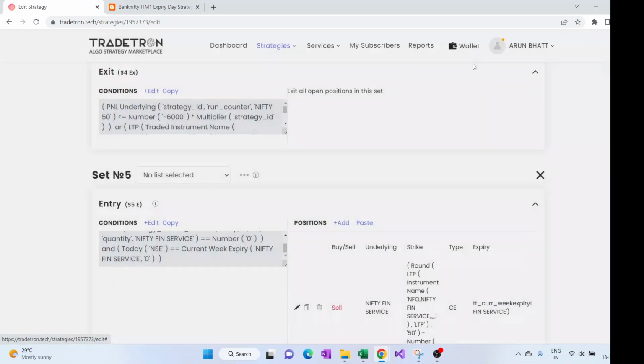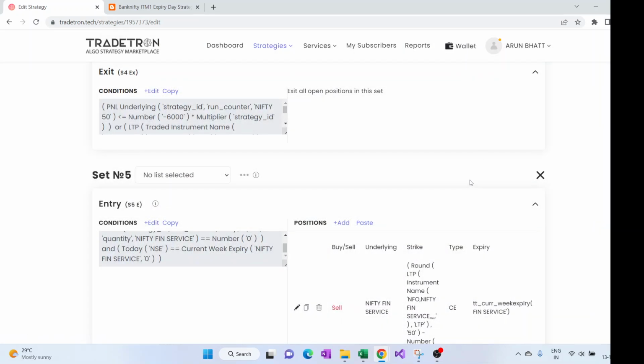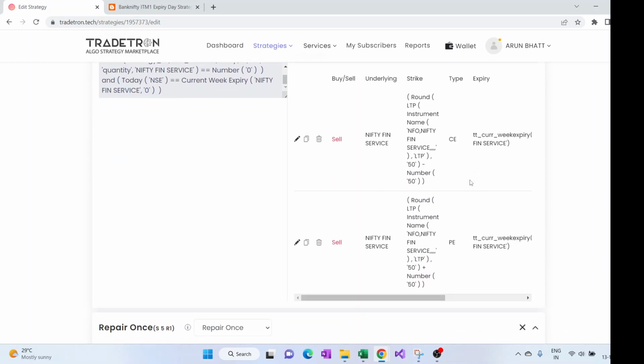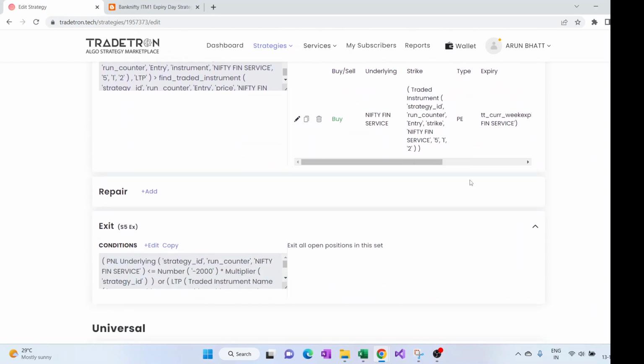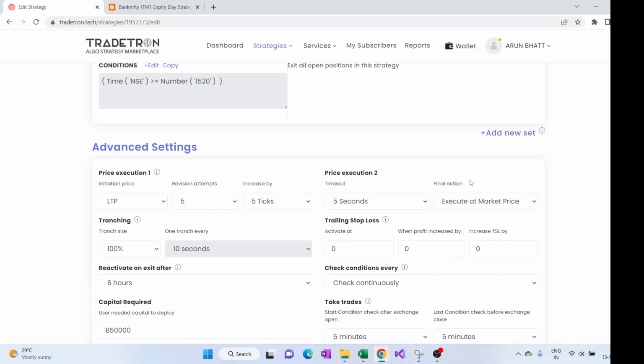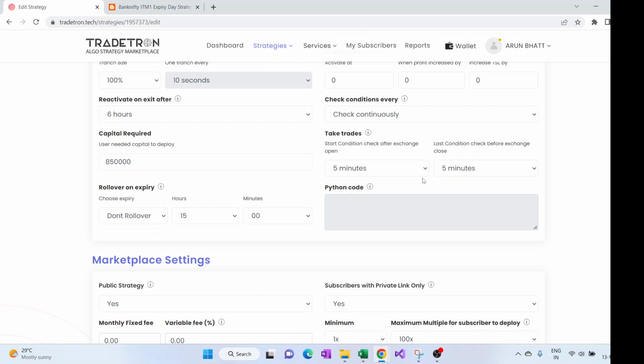So in TradeTron we don't have to adjust the strategy, we just put the expiry day and it takes care of it by itself. That's one good thing here, we don't have to change the strategy once it is set. So that's the overview of this strategy.